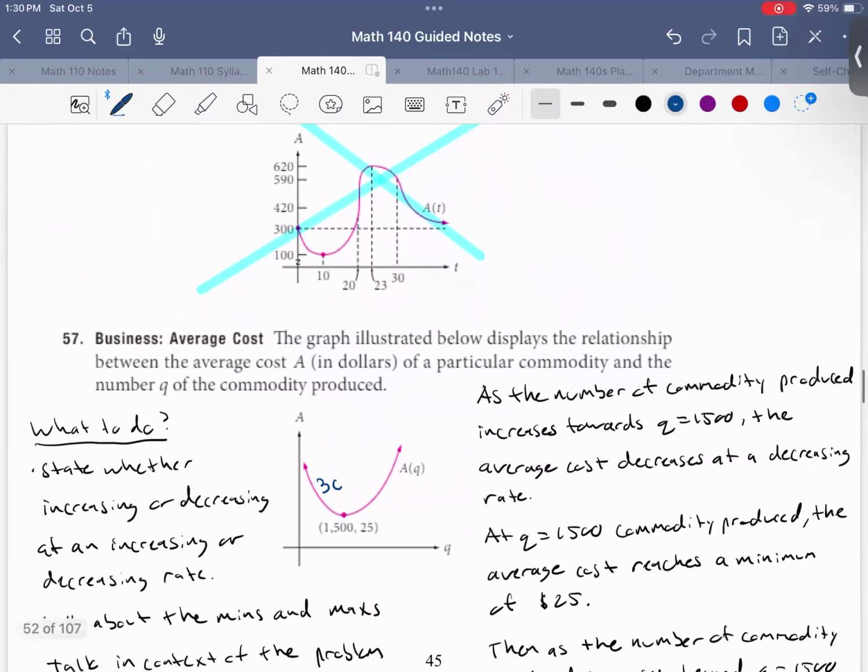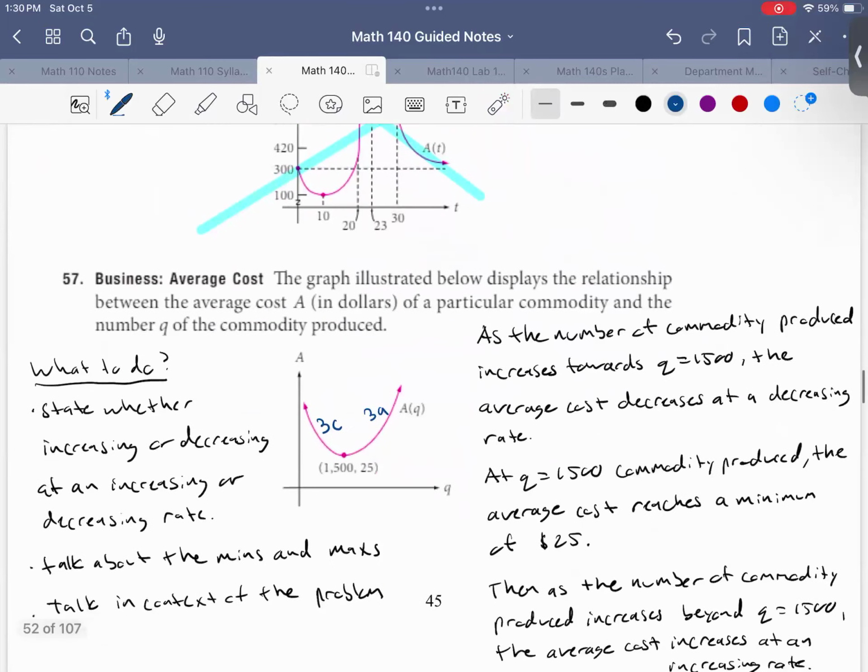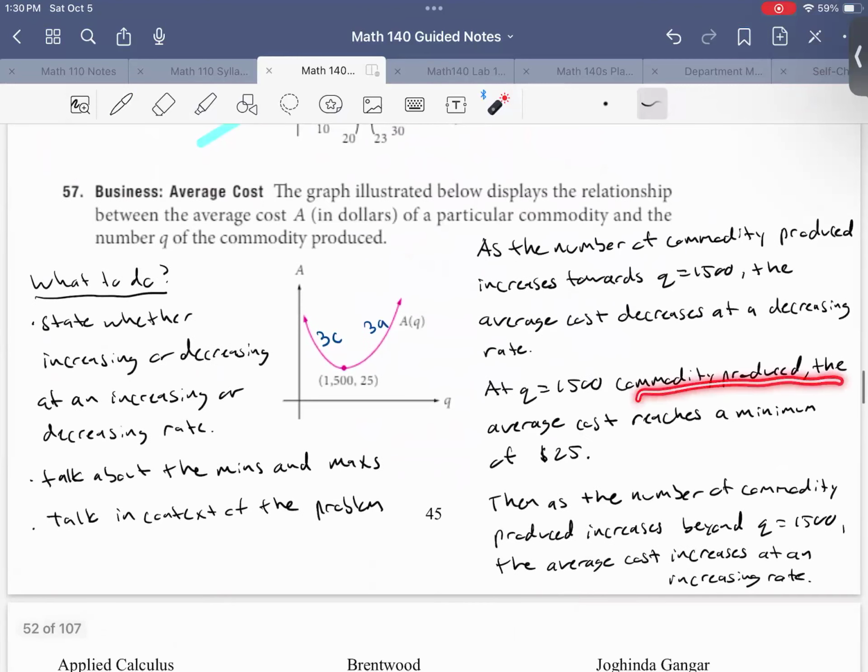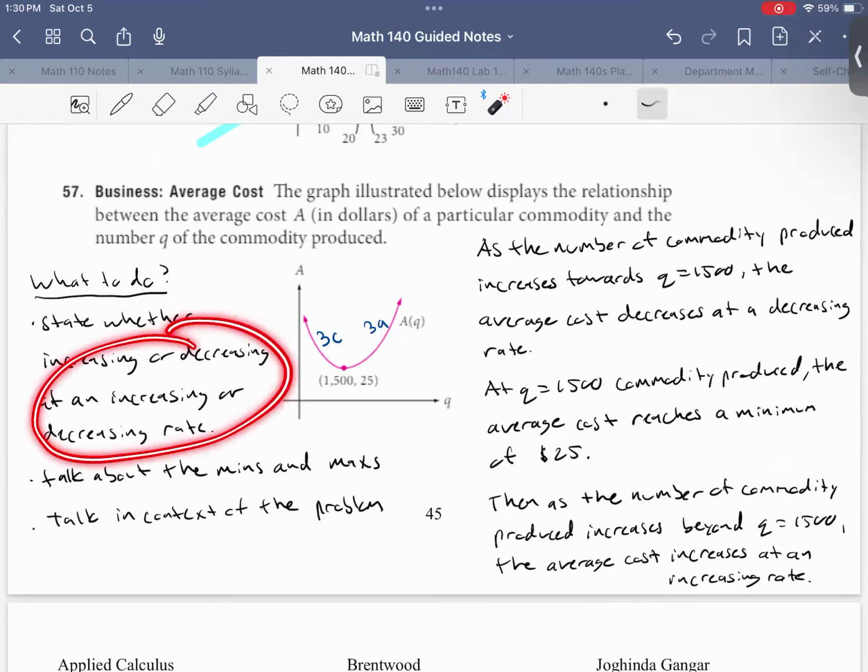So if I put all that together, at 1500 commodity produced, the average cost reaches a minimum of $25. And then as the number of commodity produced increases beyond 1500, the average cost is increasing at an increasing rate because of what I'm interpreting here.